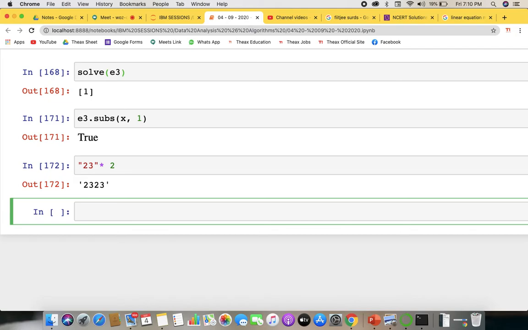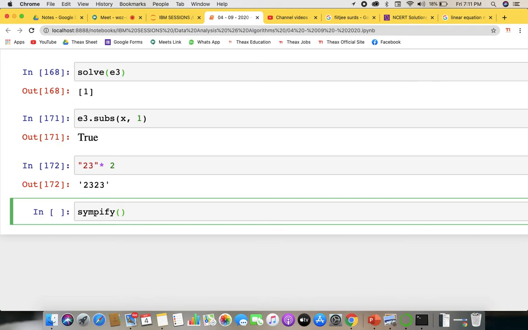But in SymPy we have a function called simplify. Don't be confused, this is simplify. What does simplify do? It converts your string expressions into mathematical expressions and then solves them also.